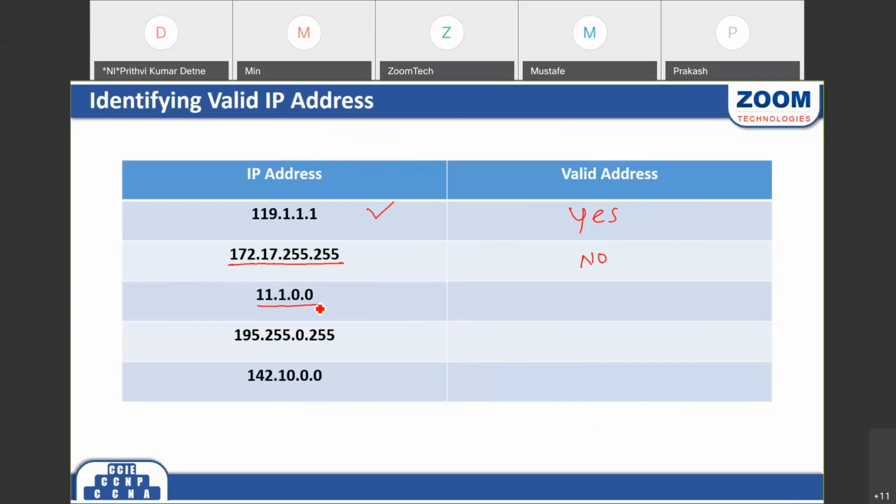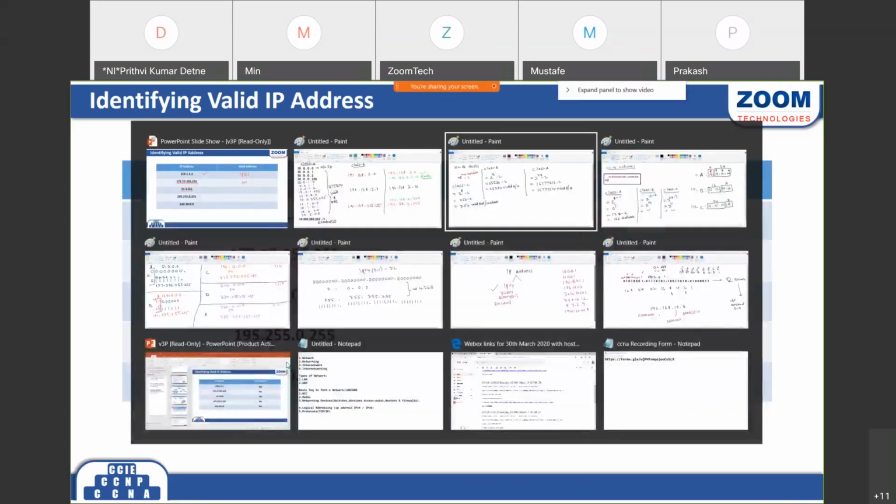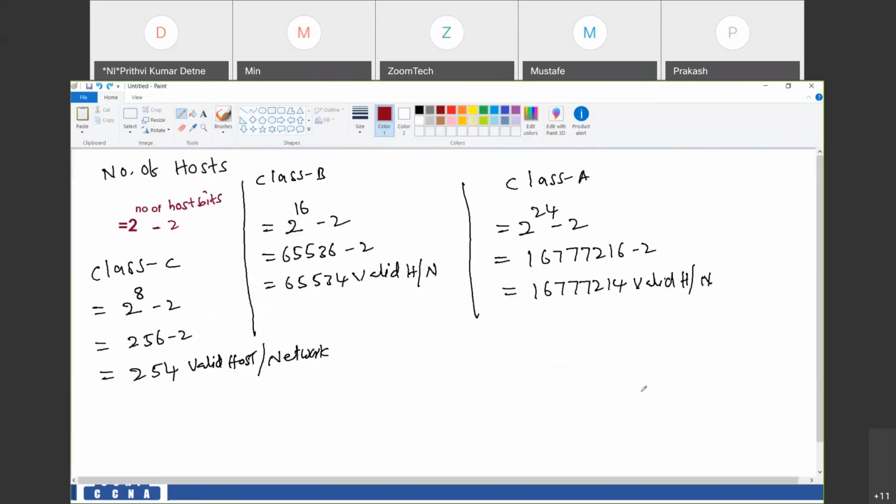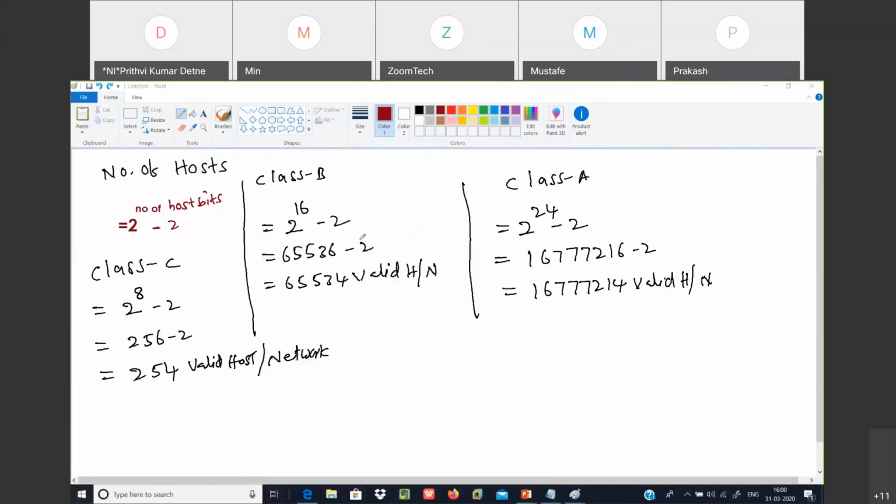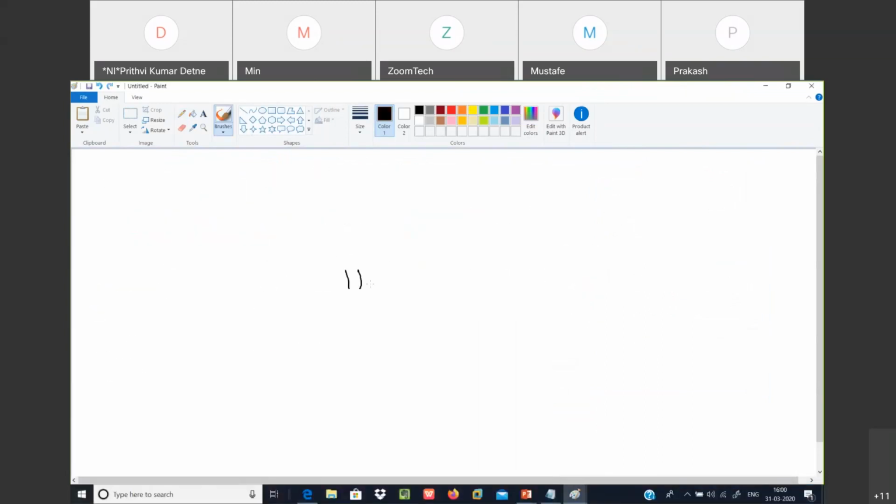Let me explain this. Take 11.1.2.9. What will be the network ID of this IP address, guys? 11.0.0.0 is the network ID. 11.255.255.255 is the broadcast ID. In between, all IPs are valid IP addresses.